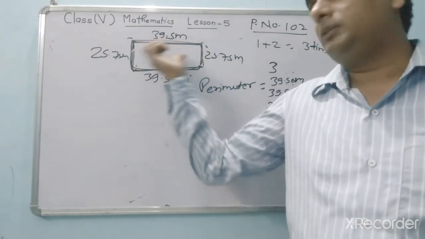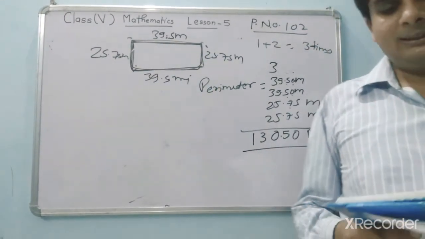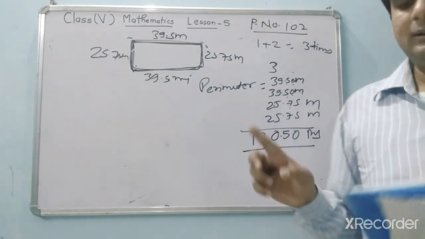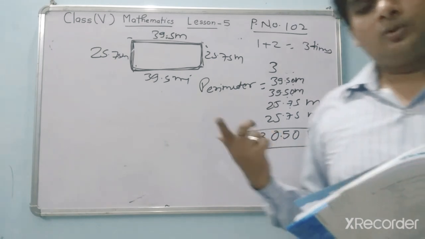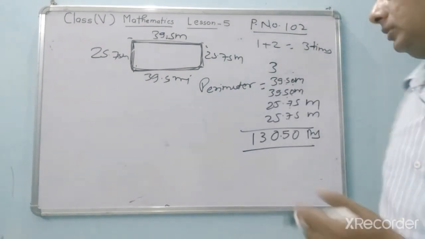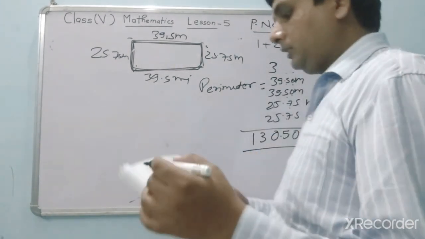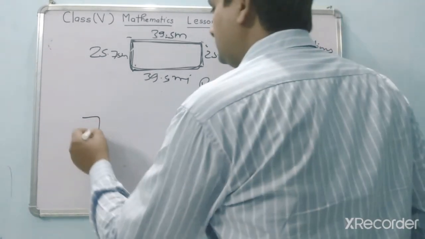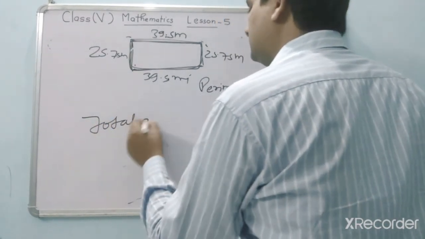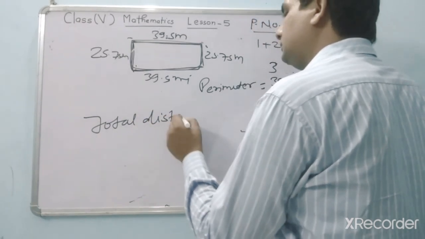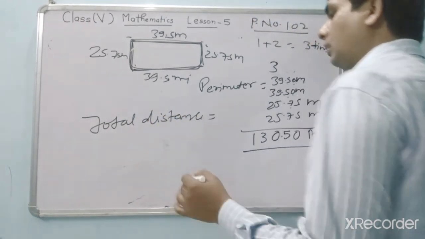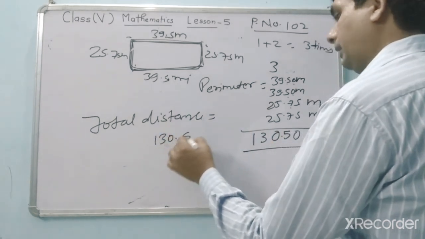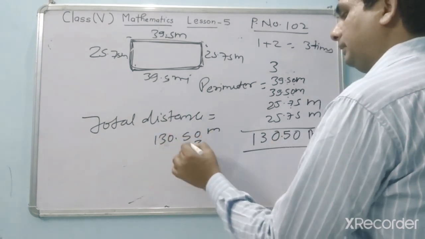Sides means the length of the boundary. How many times is it asking? He is rounding 2 more times, once and then 2 more times. So 3 times, no? So multiply by 3. So what will you write? Total distance equal to 130.50 meter multiplied by 3.